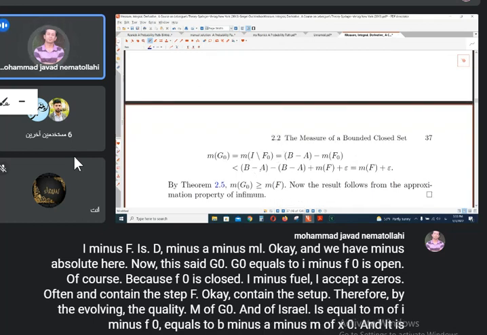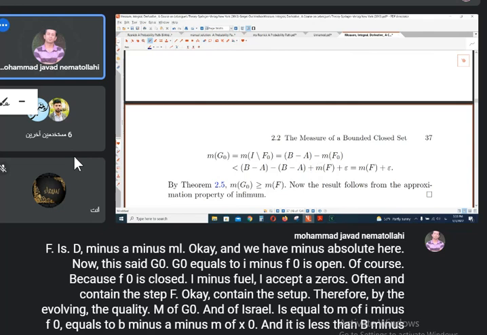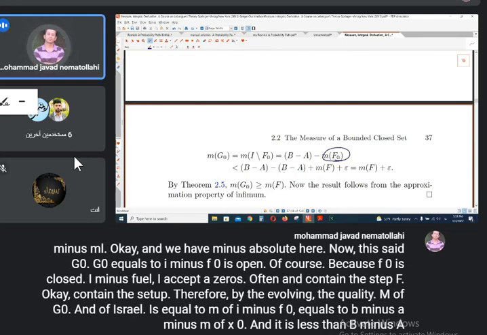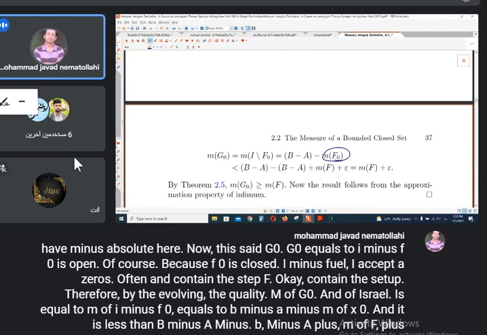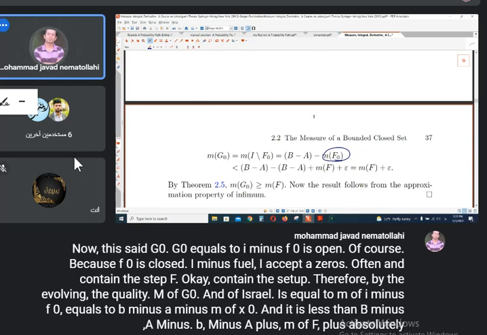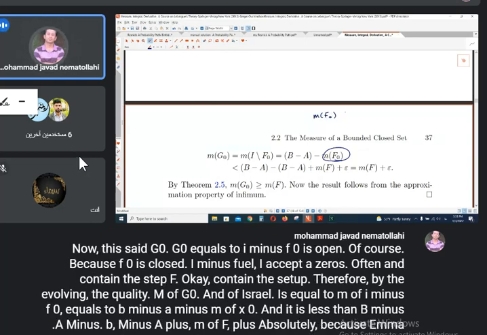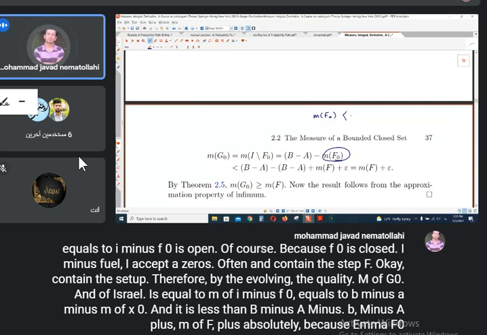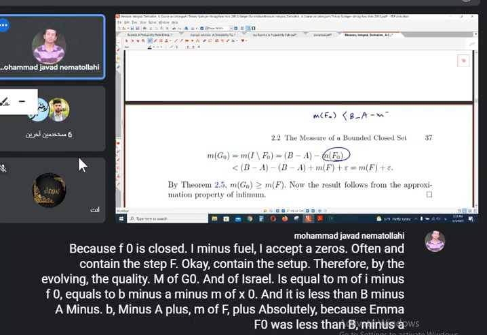and it is less than B minus A minus B minus A plus M of F plus epsilon, because M of F0 was greater than B minus A minus M of F minus epsilon.